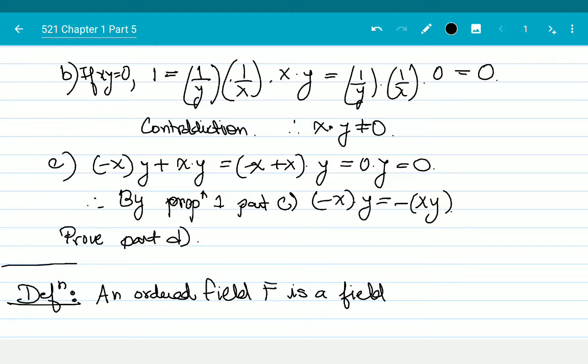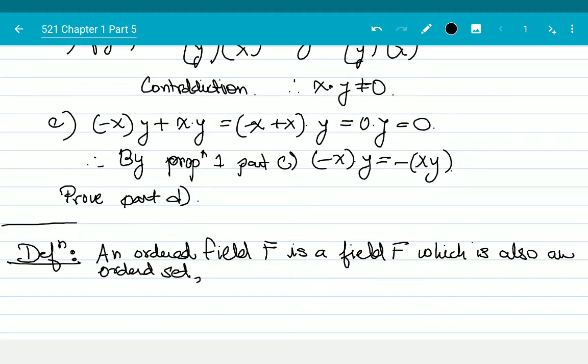It is a field F which is also an ordered set, but that is not good enough. There are some more conditions such that some properties hold true. The order should work with the field axioms, right? Otherwise, it's just two completely different, meaningless things happening together. These are the things that should be respected.